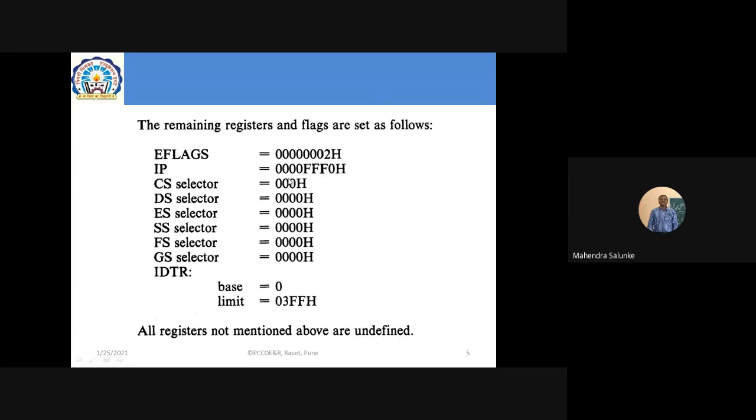You can see the segment selectors CS, DS, ES, SS, FS, GS are all holding 0. Then there is the IDTR, the interrupt descriptor table register.